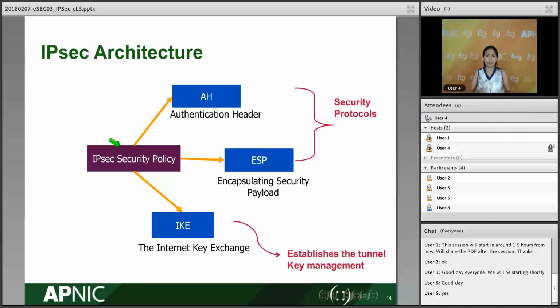That should also translate to your IPsec security policy. That means that if you are going to communicate with other networks in establishing your VPN connectivity, you'll have to have support for only these encryption algorithms, these hashing algorithms, and these key lengths, something like that.